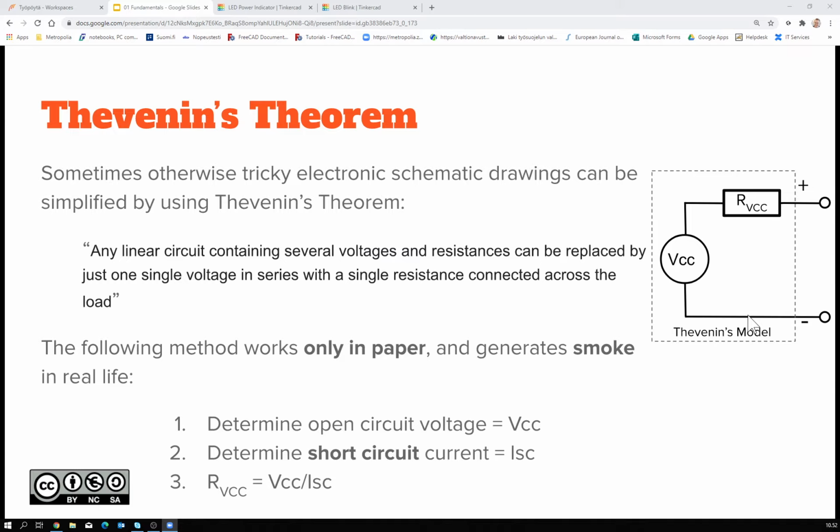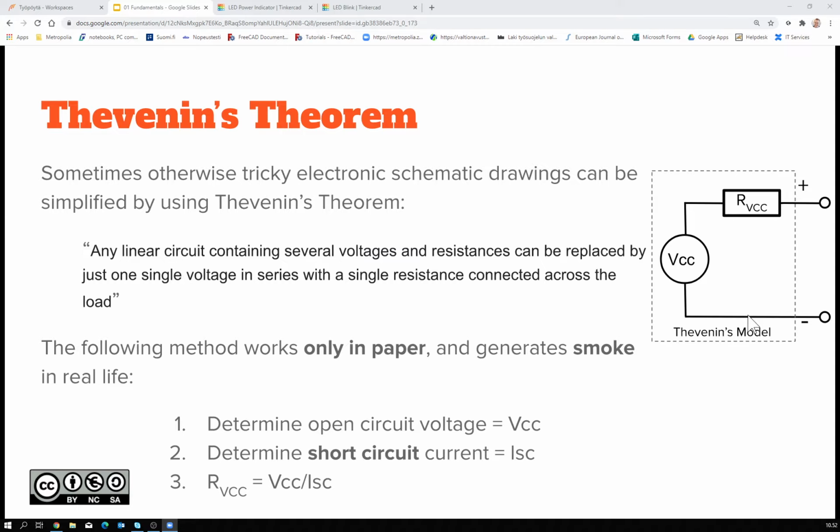So first is open circuit voltage, then short circuit current, and the dangerous part is to determine the short circuit current. The third part is that the output resistance is the open circuit voltage divided by the short circuit current. And now why is this short circuit current measurement dangerous?